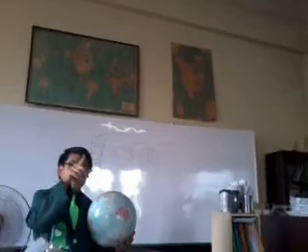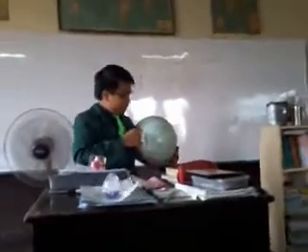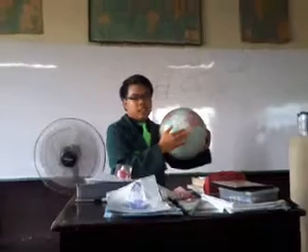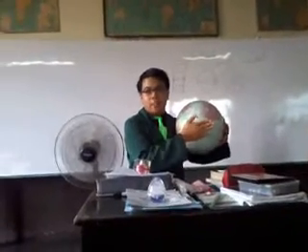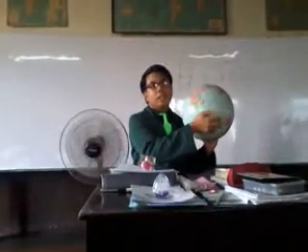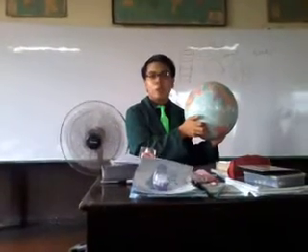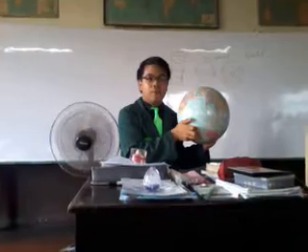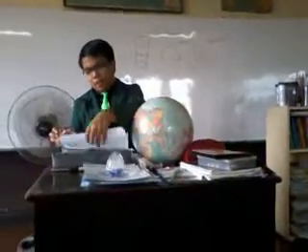When you use azimuthal maps, it's good for polar regions, countries in the North and South Poles. So usually azimuthal maps are used by pilots, so they can calculate time of their flight. Okay. So cylindrical projections.